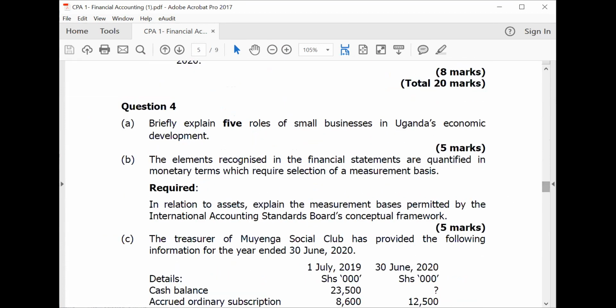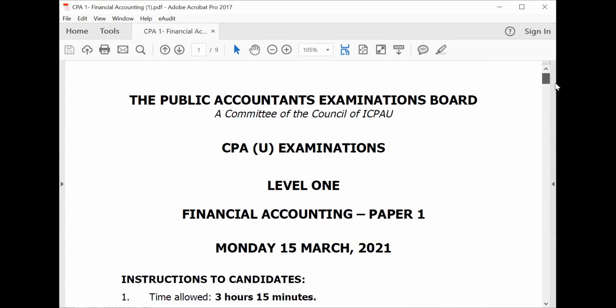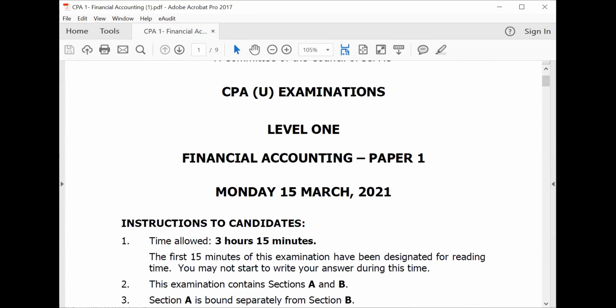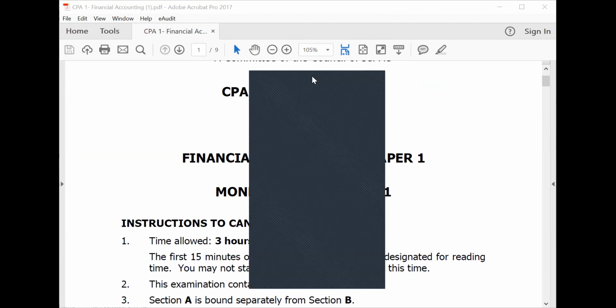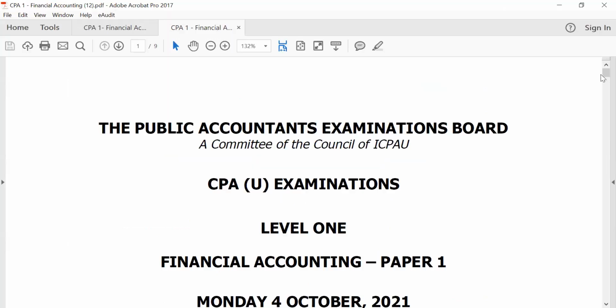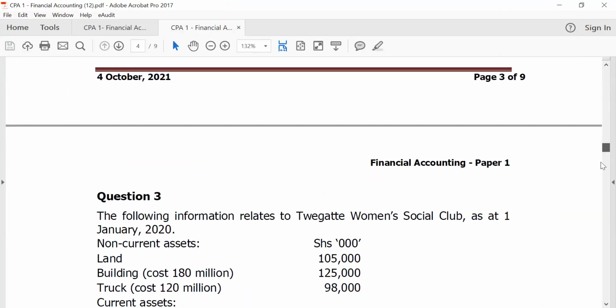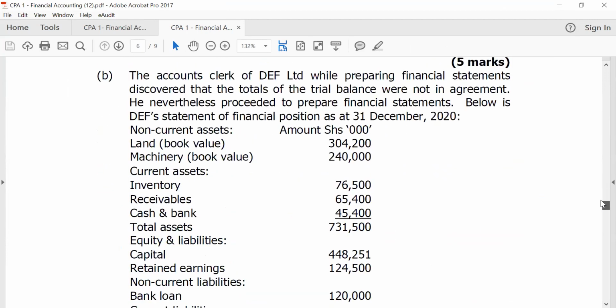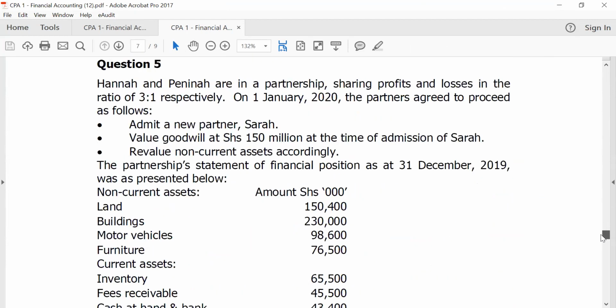Did I get it wrongly? Was it October 2021? This is March, sorry. I think I opened the one for March. Okay, yeah, so I believe we are here, October 2021.